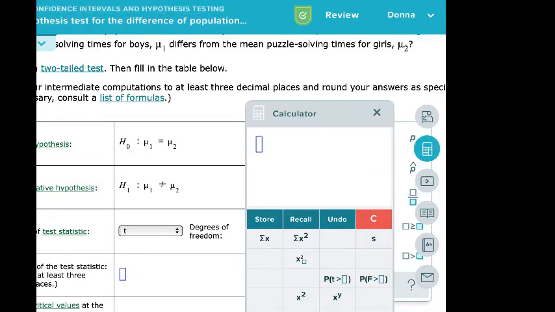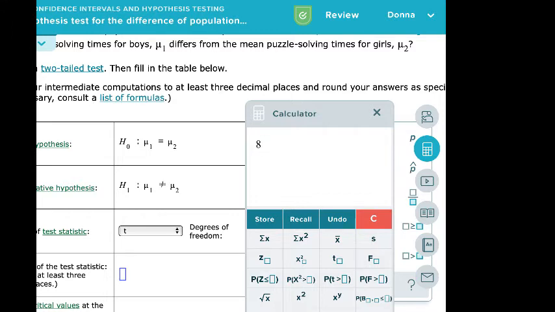So S_p squared: we're going to take our first sample size, N1, which in our case was 9 boys and 7 girls, so it's going to be 8. It's okay if I don't put 9 minus 1 in parentheses, it'll just save us some writing.